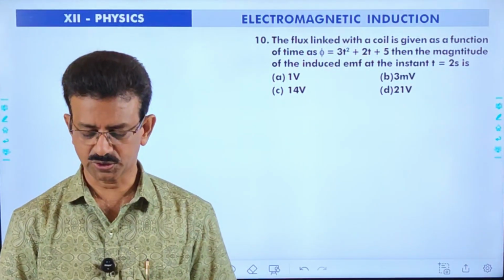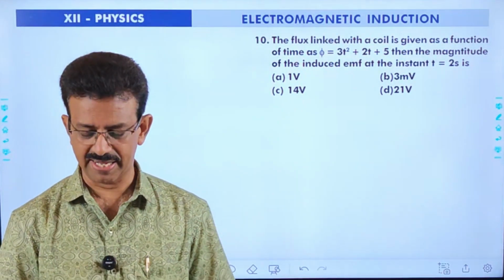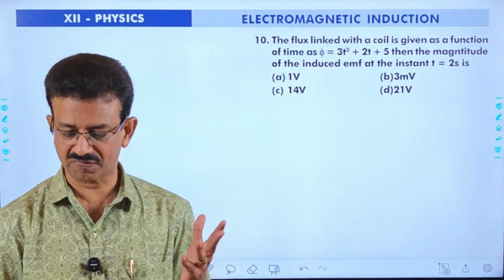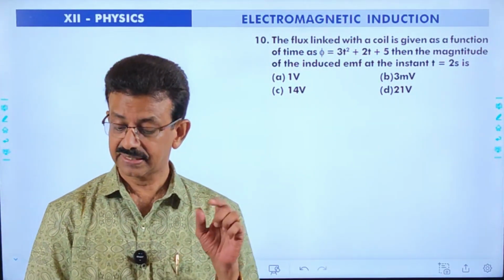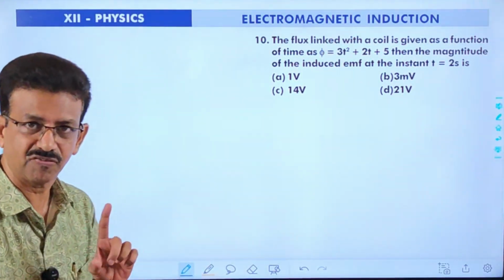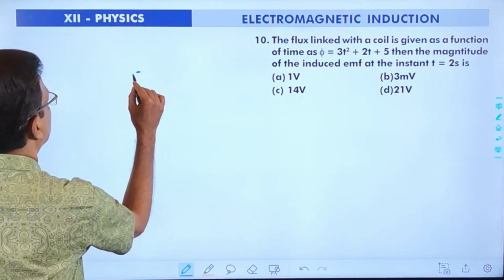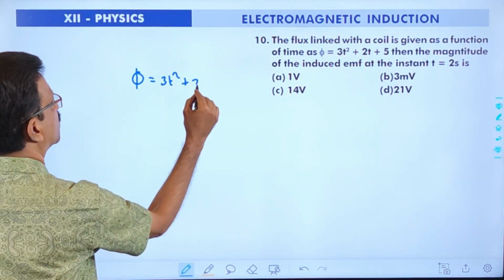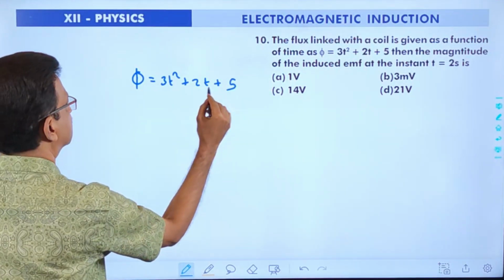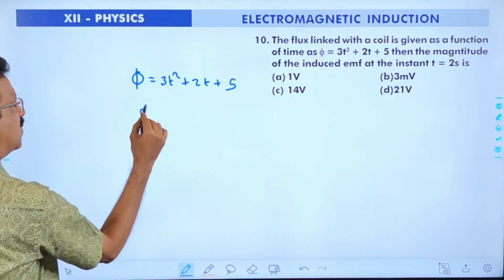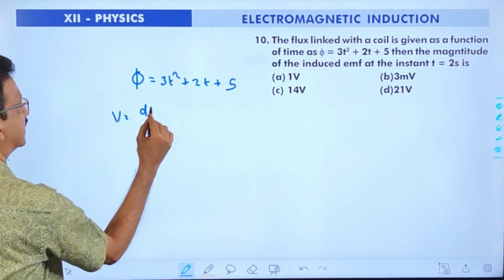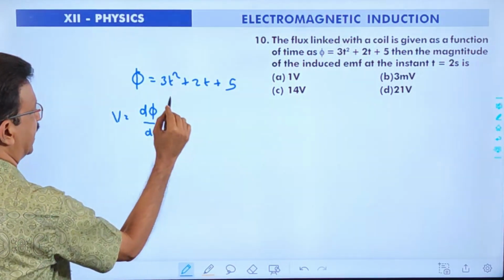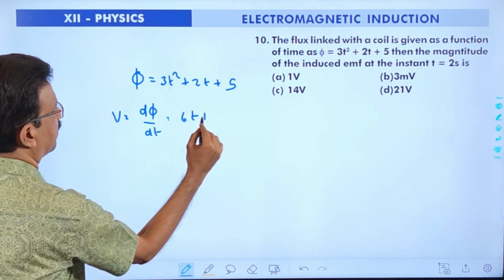Question number 10. It's also based on Faraday's law. Here the flux linked with a circuit is given as a function of time as φ equals 3t² plus 2t plus 5. By Faraday's law, the induced EMF is dφ by dt, that means 6t plus 2.